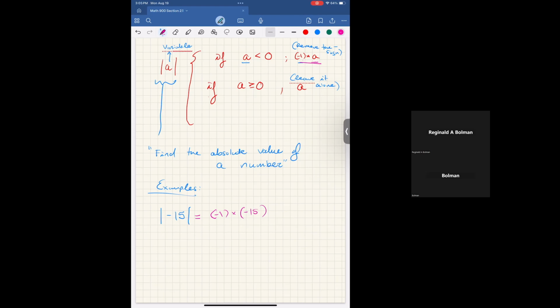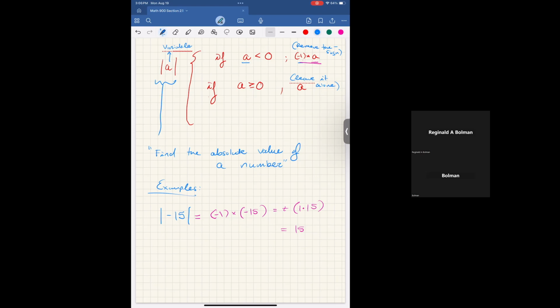So in this case, inside of our absolute value, we have -15. So I'm just going to rewrite -15 and I'll multiply by -1. According to our rules of negatives, a negative and negative is going to be a positive, and then you will just take 1 and 15, multiply those together, and you should get 15. That's essentially how you're going to work through these absolute value problems.